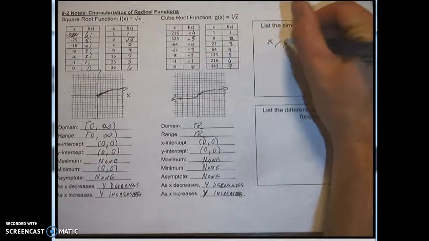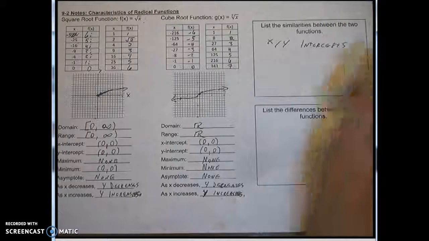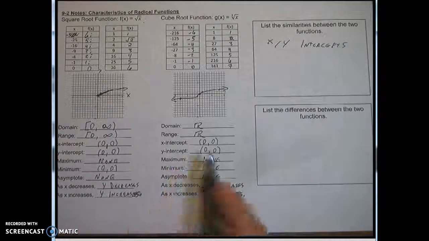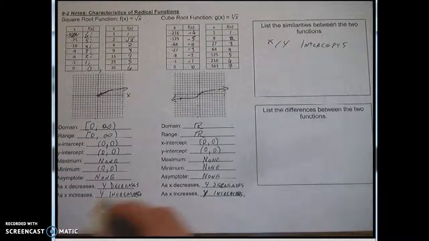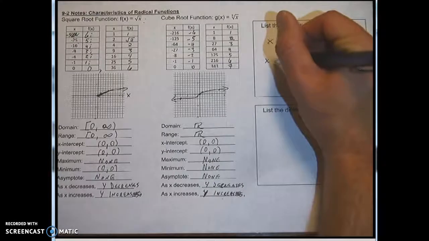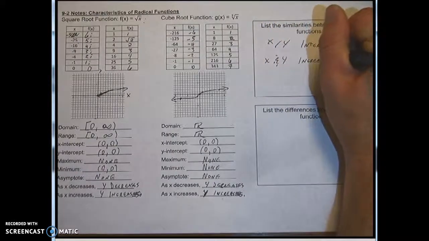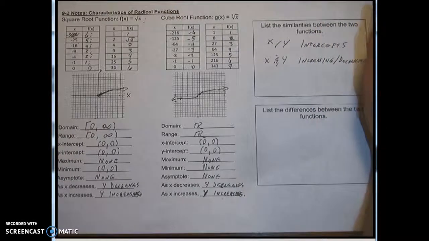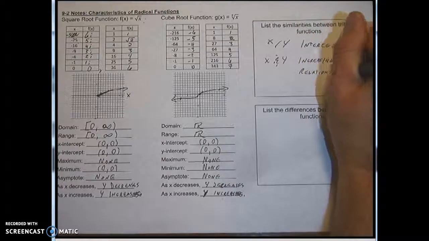Well, the x and y intercepts are the same. And is there anything else that's the same? I'm not going to mention the nones for the maximums, because they don't either have a maximum, and they don't have an asymptote. So I guess we could also say the x and y increasing/decreasing relationship, that's the same as well.